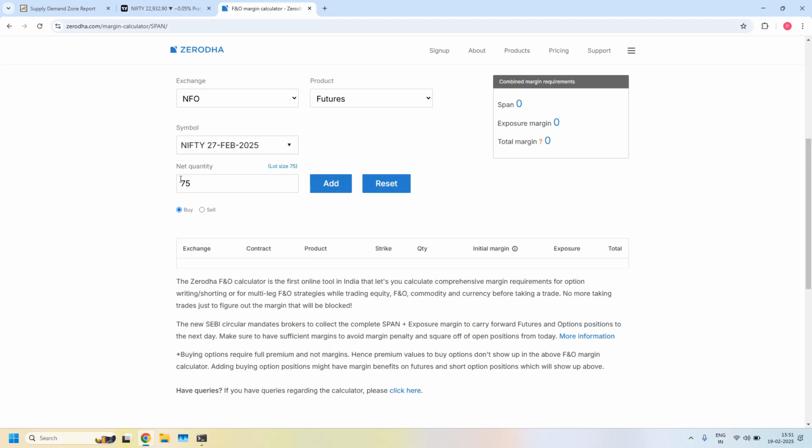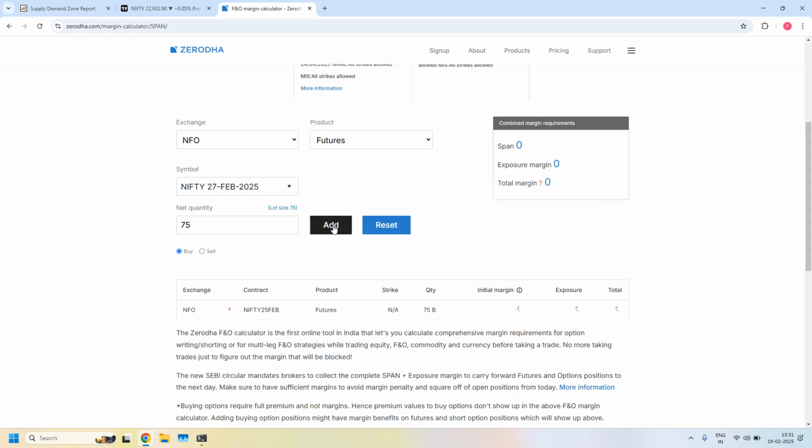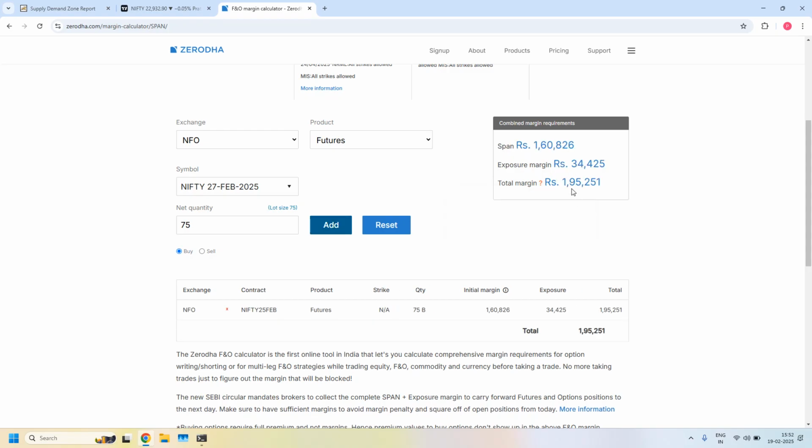So what is the lot size? 75. Okay, what is the margin cost? At the time of closing the price it is 1,95,000 and the value will be lesser at the time when you take the trade. Approximately we will guess the value and we will do the calculations. But total lot size is 75.